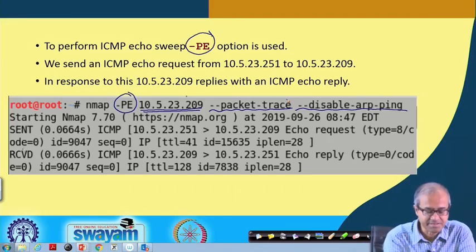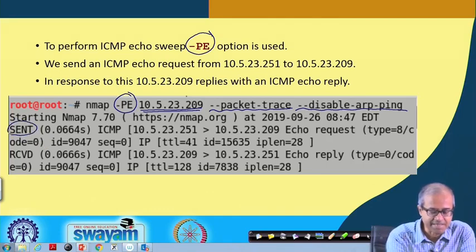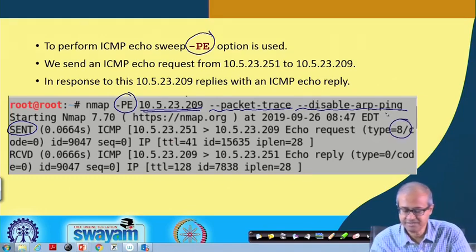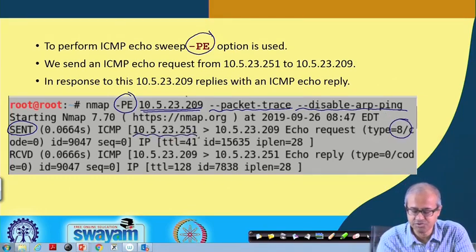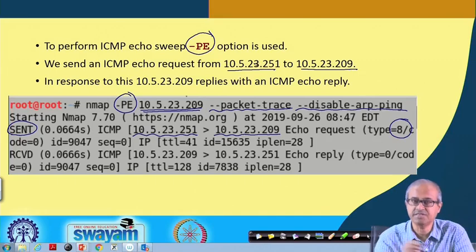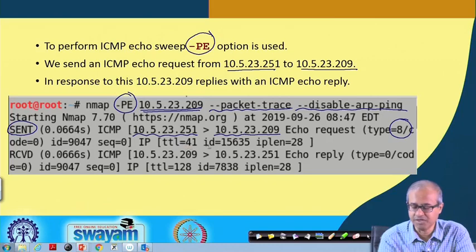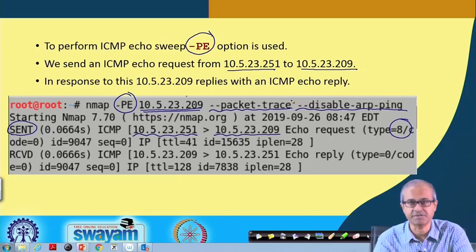So, you see what happens, it sends a packet, this is an ICMP packet, and you see this is of type 8. Suppose your IP address is 10.5.23.251, you are sending the packet to this target 209. So, from this machine you are sending it to this target. The ID, sequence number, the IP packet's time to live, ID, and the length of the packet are all printed because you have given this packet trace option.